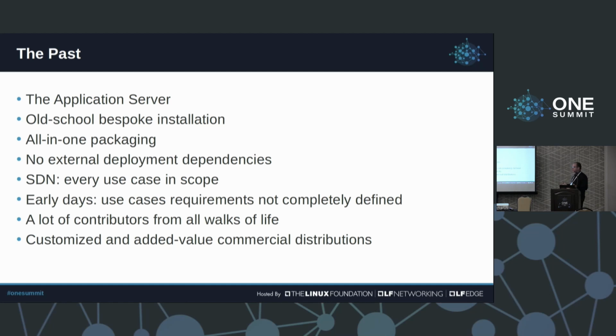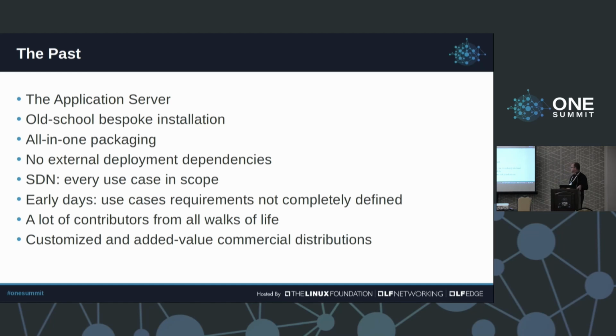This was back in 2013, so there was little visibility as to what the actual SDN use cases were going to pan out to be. So everything was in scope. Also, the requirements of what it actually constitutes, and of the individual use cases, were not really defined.